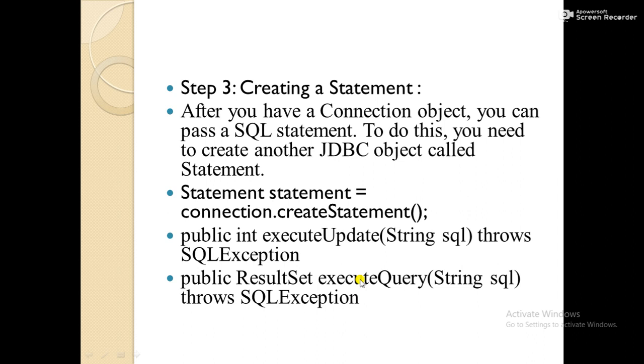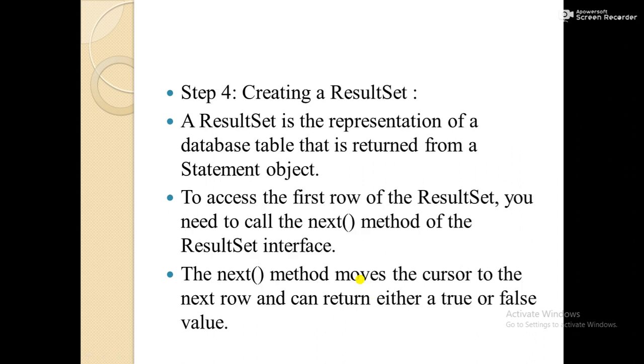Then the next step is creating a result set. A result set is a representation of a database table that is returned from the statement object. Once we pass a particular statement in the program, it retrieves the records which are present in the database.